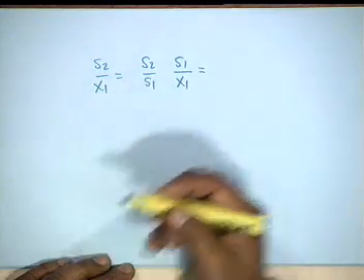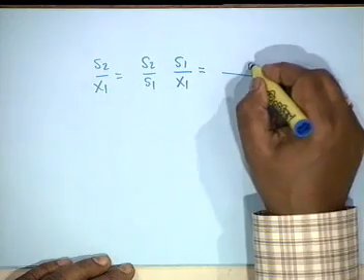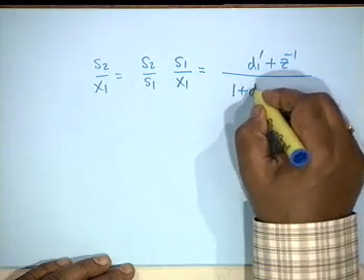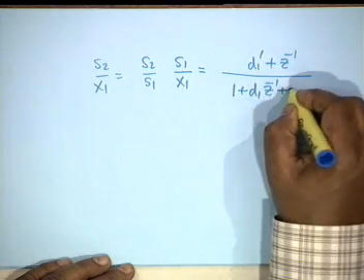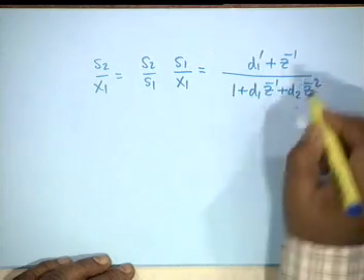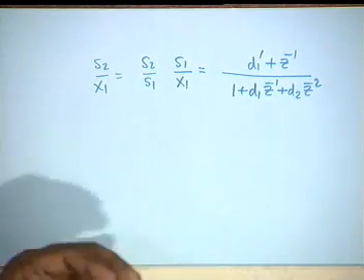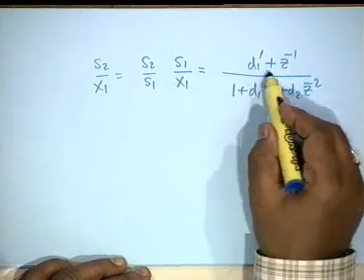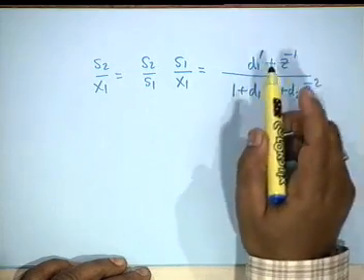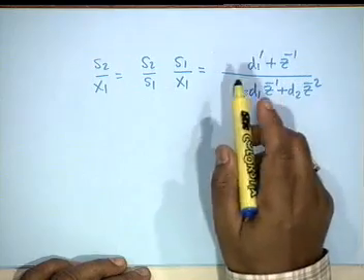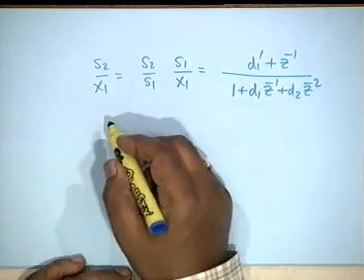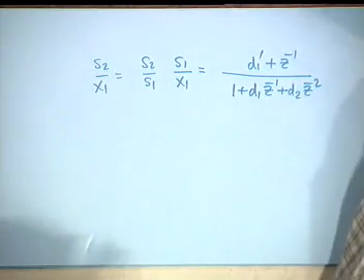Now, S2 by S1 we already know, it is D1 prime plus Z inverse and the denominator is the same, plus D2 Z to the minus 2. All right. So, what is the numerator? Numerator is that of the first order all pass filter.